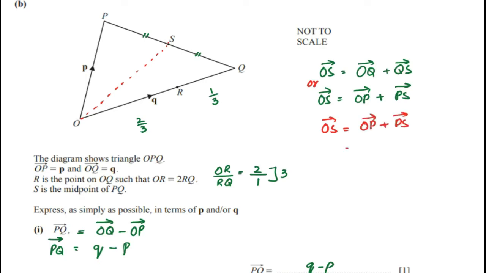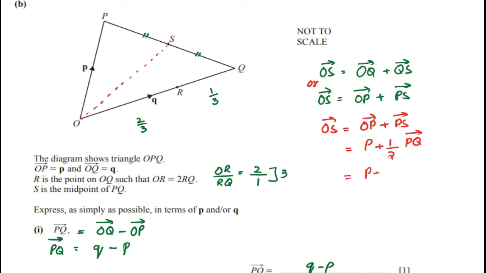So see, OP is equal to P and PS. S is the midpoint of PQ. So if we divide PQ by 2, we will get PS. Okay, so plus half of PQ.